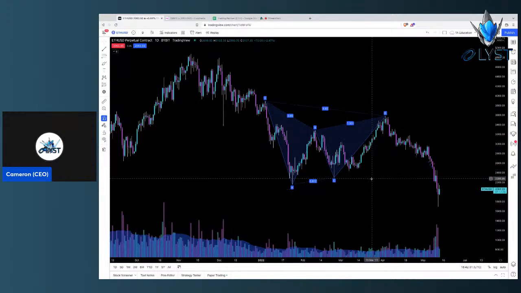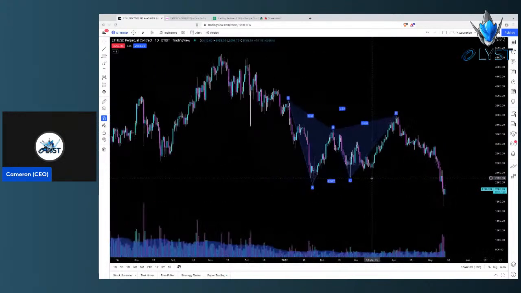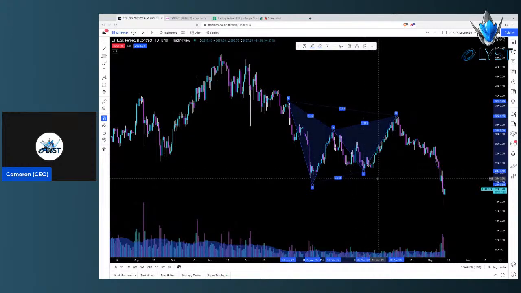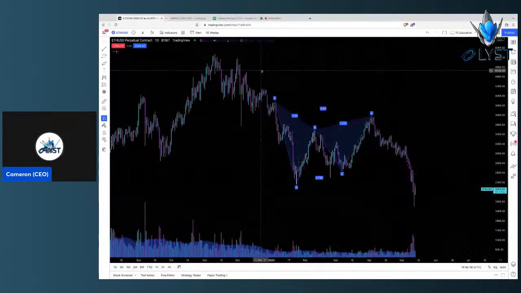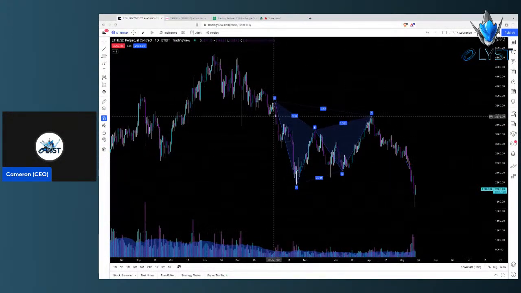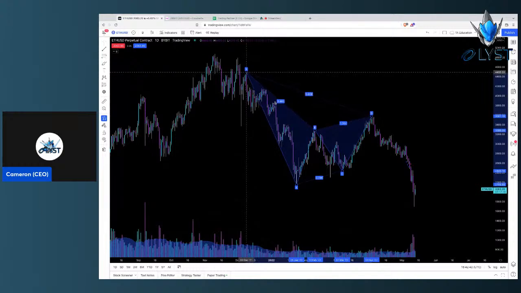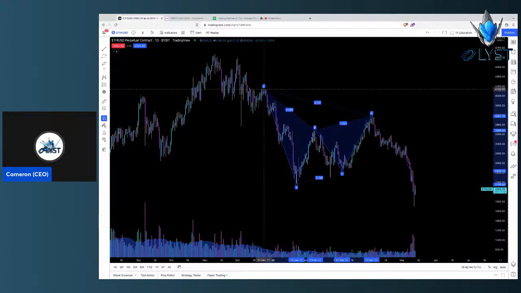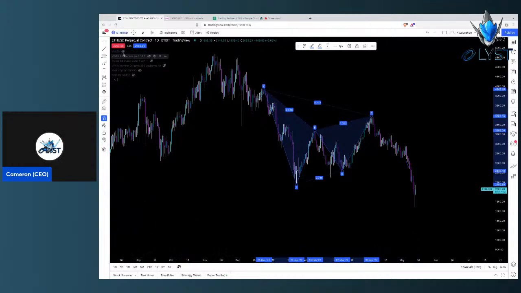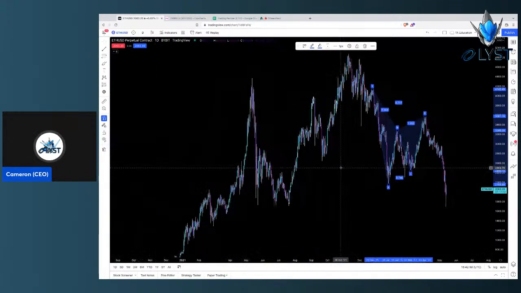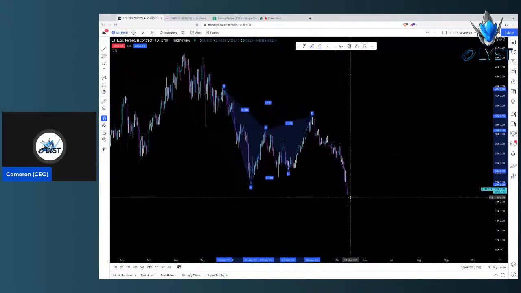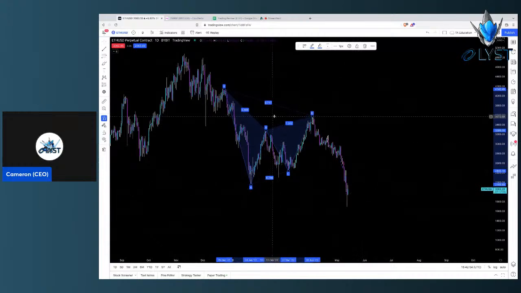Not so much, the time is just not symmetrical. But as far as our target down here, it might be a little higher. These harmonic patterns, ciphers and things like that can give us some lower targets. And this target is actually pretty close.